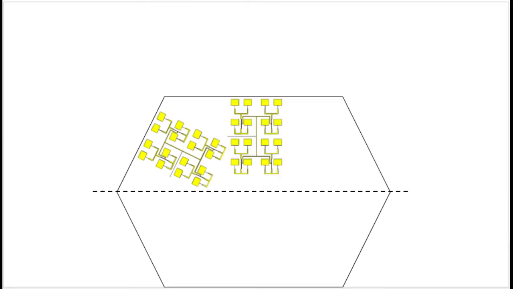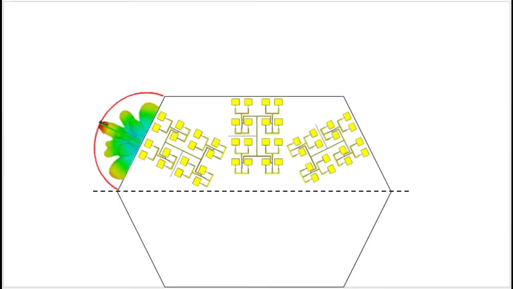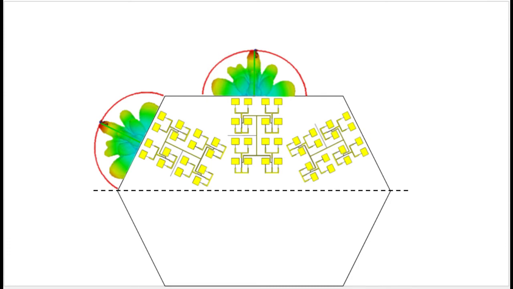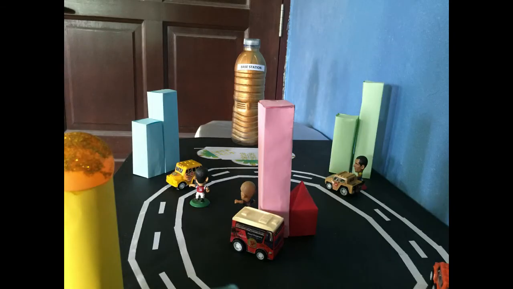By arranging the array antenna into a semi-hexagonal shape, each side of the sector has its own focus point and the occurrence of interference can be avoided. Thus, the high gain of the antenna can be remained and the return loss can also be reduced. This is to ensure good coverage of the transmission signal at 28 GHz from the base station for 5G application.